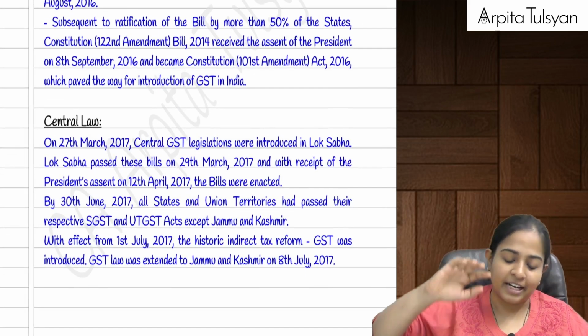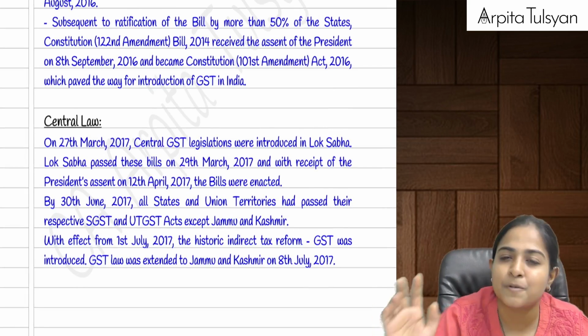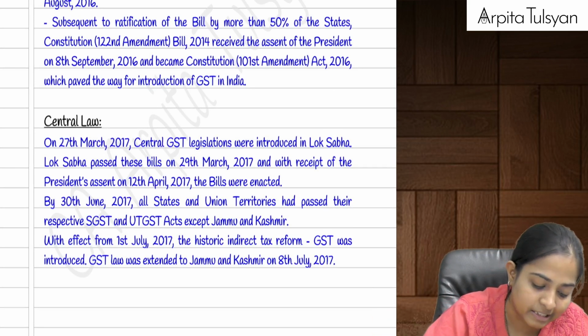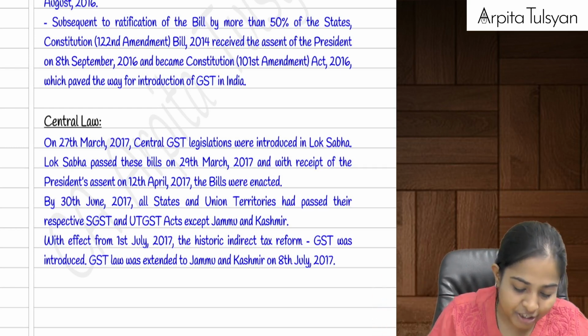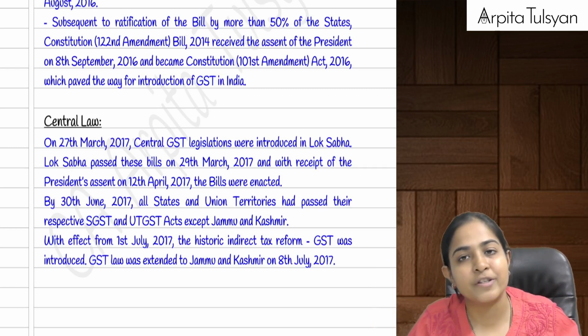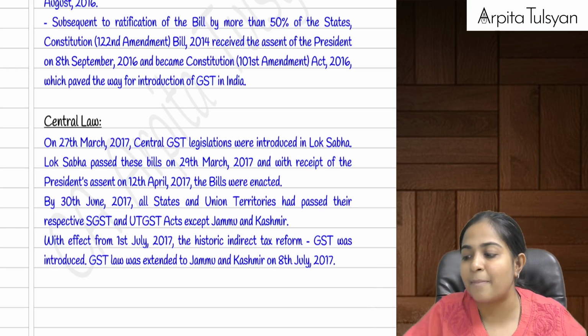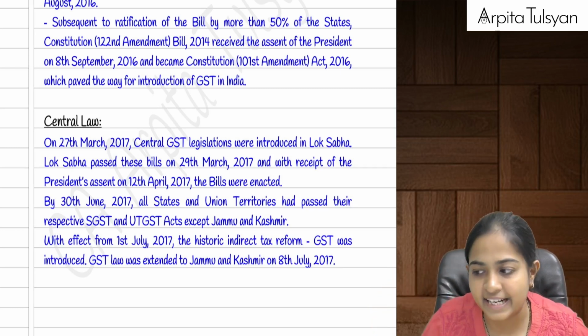First the constitution amendment was done and then the GST laws were brought. Once your Constitution Act was passed, in September 2016, they started introducing the GST legislations. It was introduced in Lok Sabha, then Rajya Sabha, then the president's assent was received.